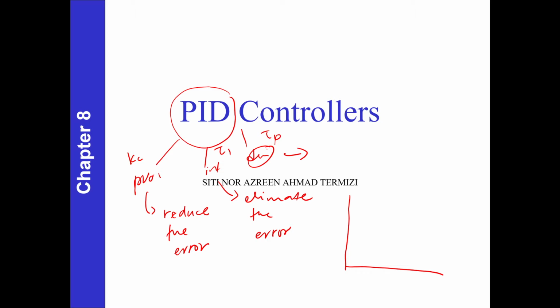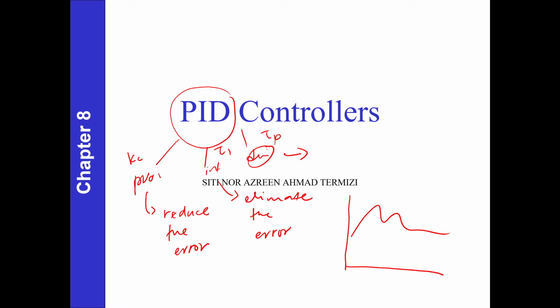It's really important to determine the best value of Kc, tau I, and tau d, the optimum value, so that we get the response that we want, a good response.